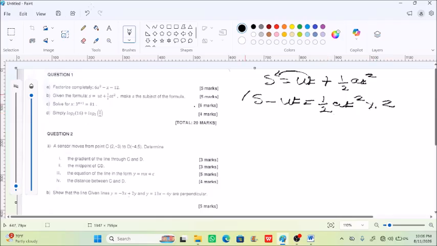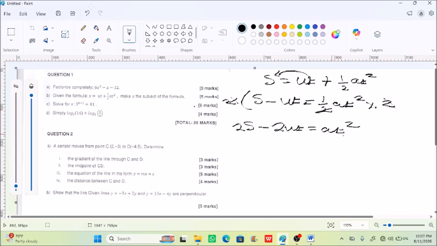If we multiply by 2, we're going to have 2s minus 2ut equals at squared. From there, what do we do?